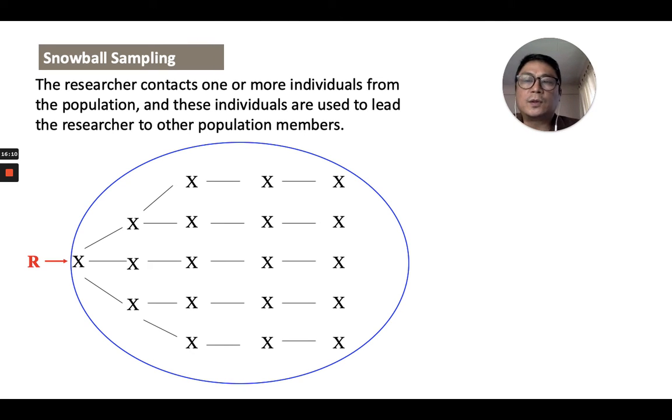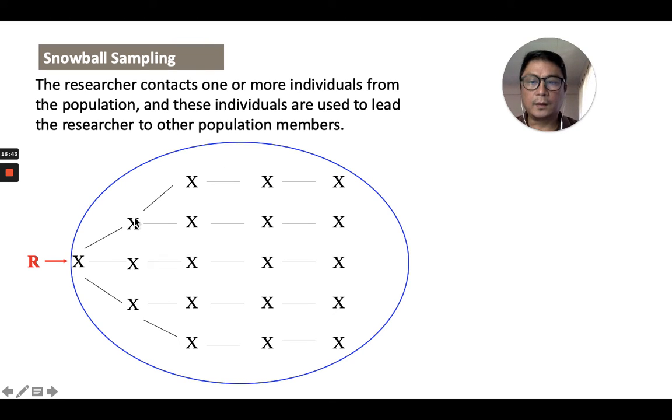Okay, so in snowball sampling, the researcher looks for a surfer, contacts that surfer, gets their consent to participate in the study, and then does the interview or administers the questionnaire. And then from that first respondent or participant, the researcher asks, "Can you refer me to other people that you know of, other surfers that you know of?"